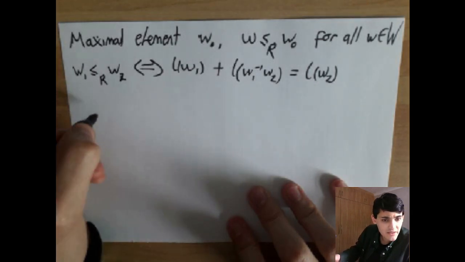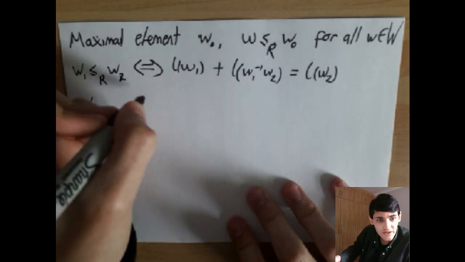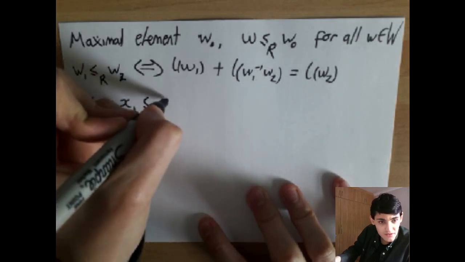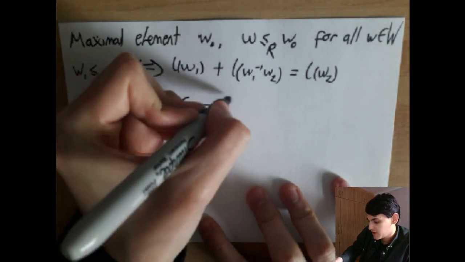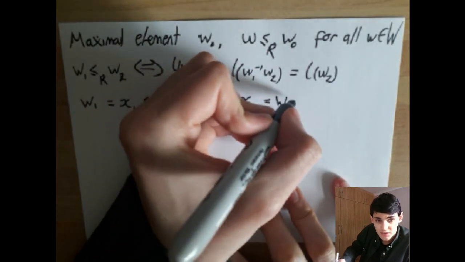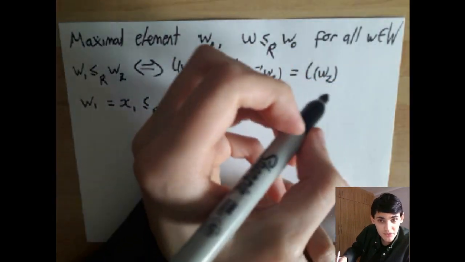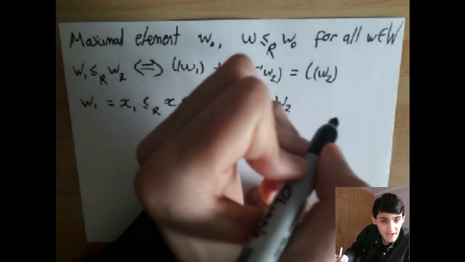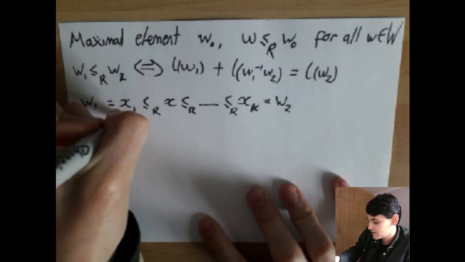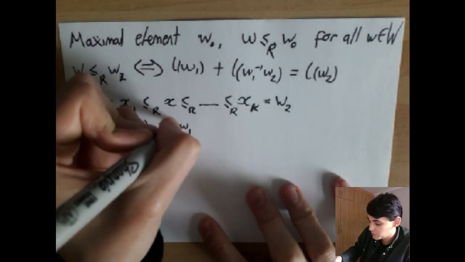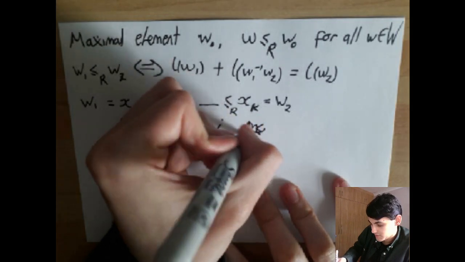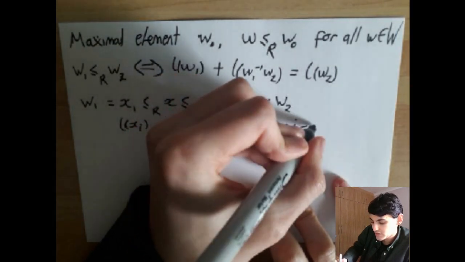There is again a chain rule. So W1 equals x1 less than or equal to x2 less than or equal up to xk, and here we also get that the length of xi is equal to the length of W1 plus i, for i starting at 1 going up to k.